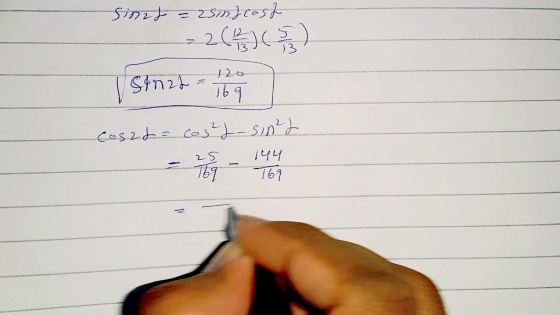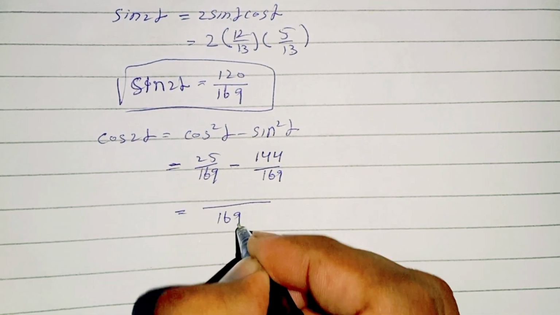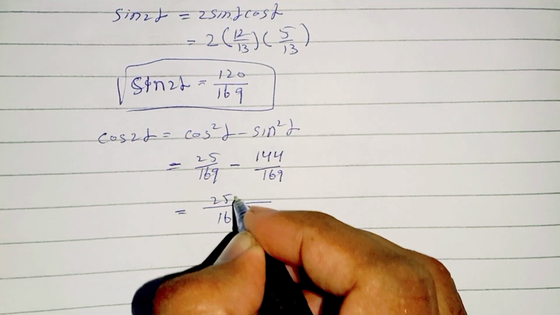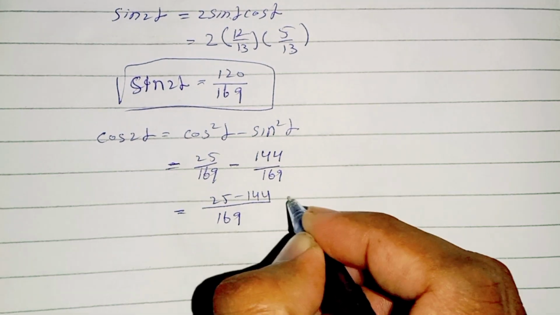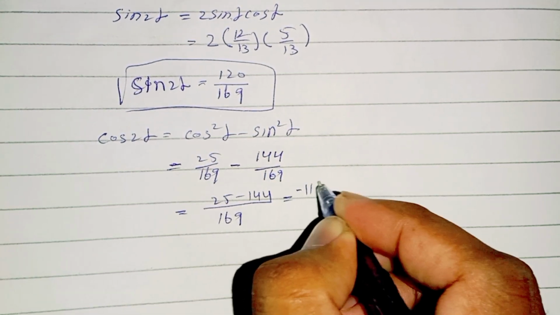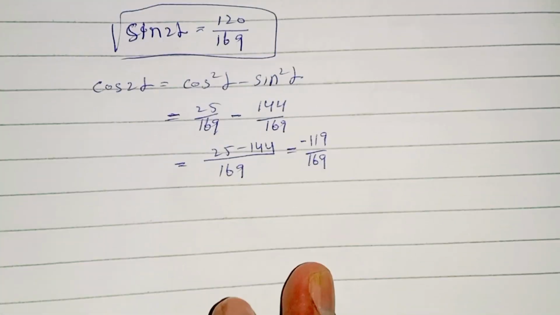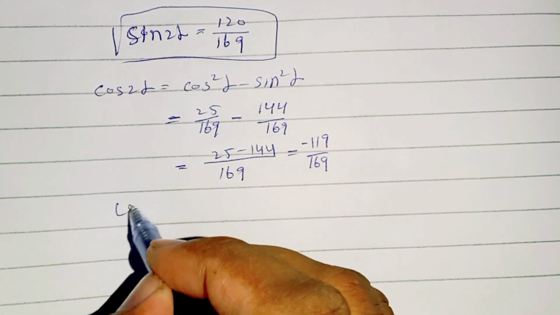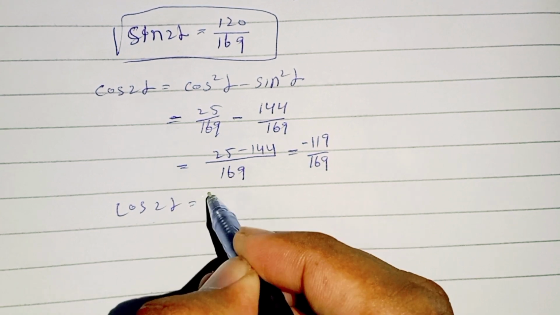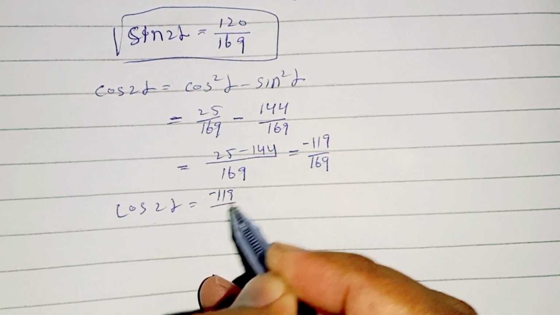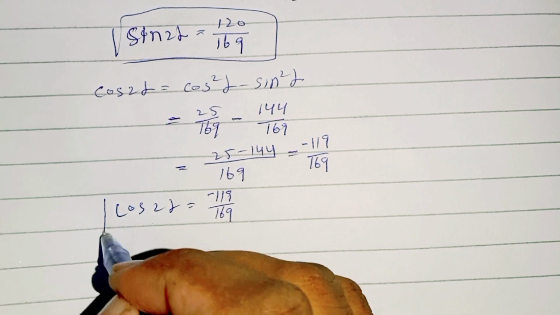The LCM of both fractions is 169, and 25 minus 144 becomes minus 119 over 169. So we have cos 2 alpha equal to minus 119 over 169.